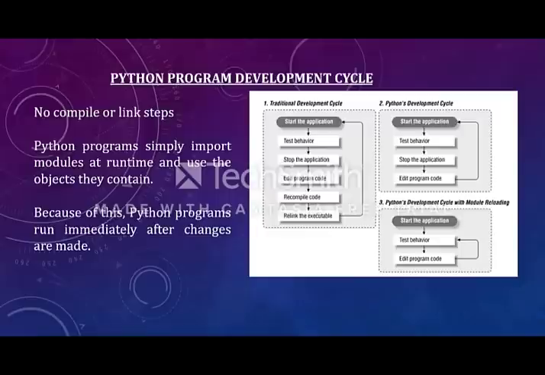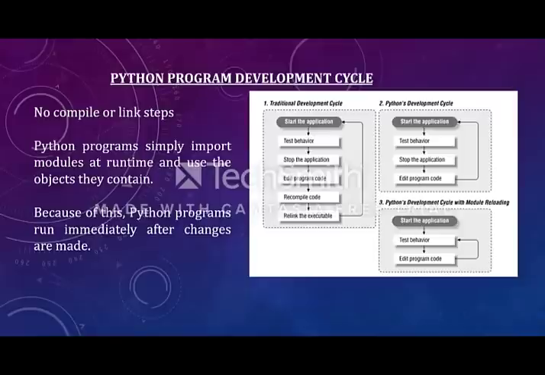Now, after starting the application, you find that you need to change the color of the button to green instead of red. So we can directly go to the code and change it from red to green. Then we can see the output there itself. No need to recompile, no need to rebuild that software or that code.